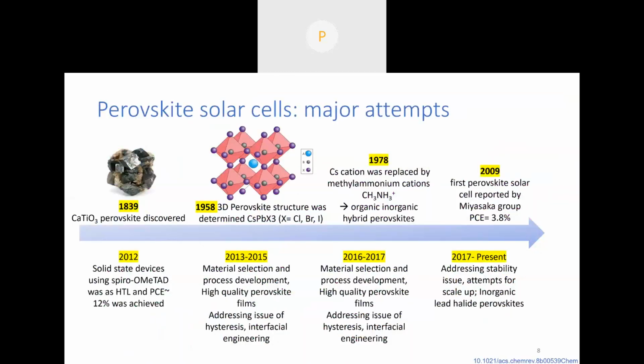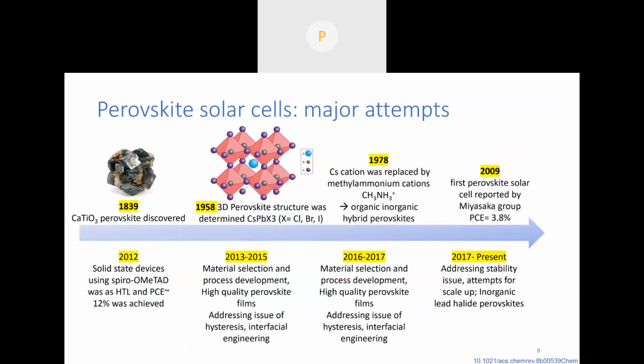So in perovskite solar cell, perovskite itself is not a new field. In 1839, CaTiO3 perovskite was discovered, and then its crystal structure was determined in 1958 for the cesium lead halide based. Perovskite has an ABX3 crystal structure.